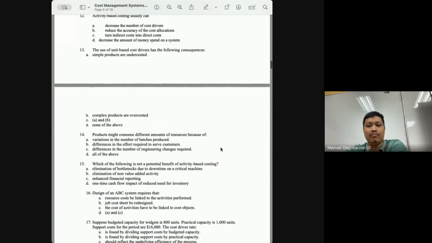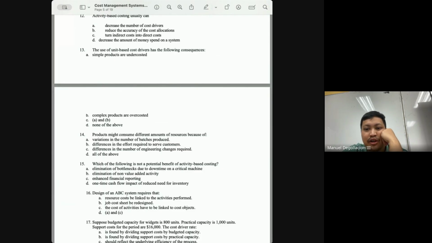Number 13, the use of unit-based cost drivers has the following consequences. Simple products are undercosted. If it's based on units, complex products are no. The analysis here, class, is that simple products should have lower cost because they are simpler to produce, while complex products should be more expensive to produce.